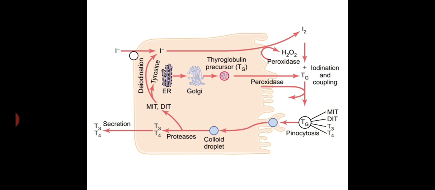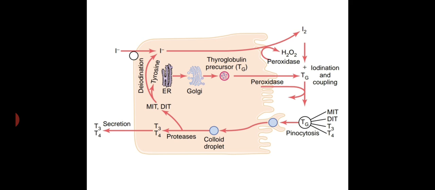Lysosomes then fuse with these vesicles. Multiple proteases present in the lysosomes digest the thyroglobulin molecule and release T4 and T3. T4 and T3 then diffuse through the base of the thyroid cell into the surrounding capillaries.